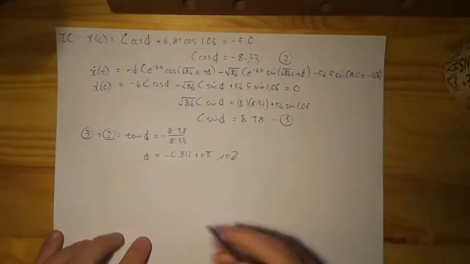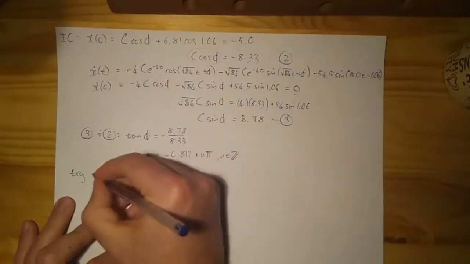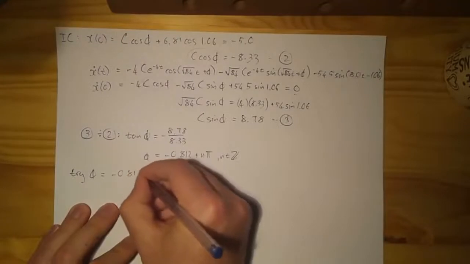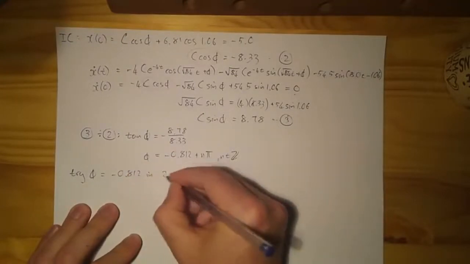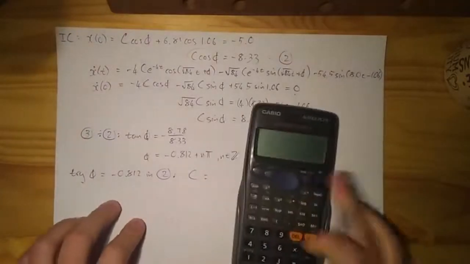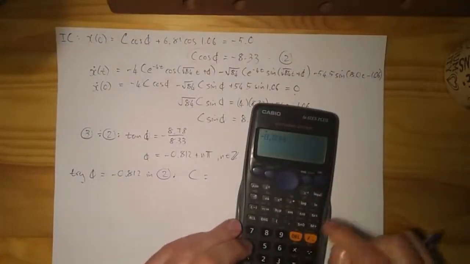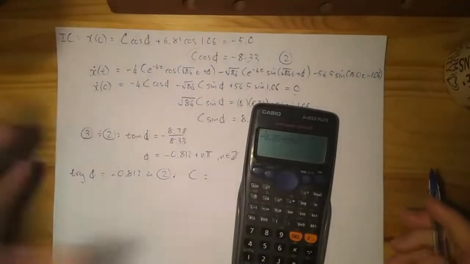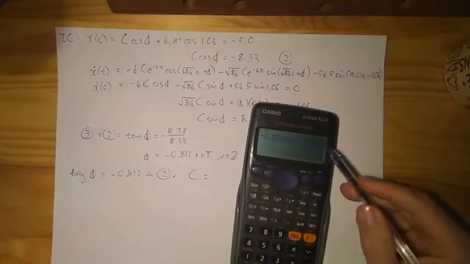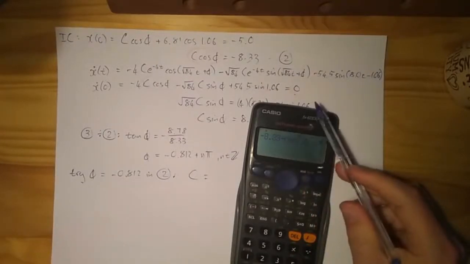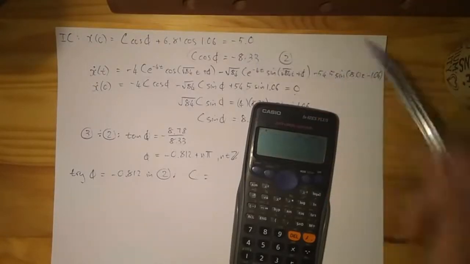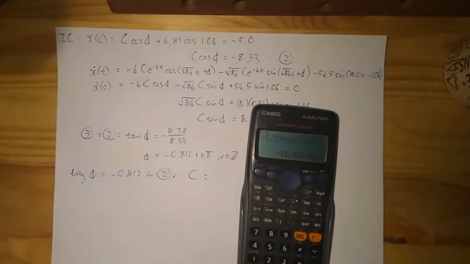So let's use 2, so let's try phi equal to minus 0.812, and then that means that c is equal to minus 8.33 divided by cosine of this 0.812. Minus, cosine of x is equal to cosine of minus x. Okay, are we okay with this? Is this correct? Cosine c, yes, okay. Oh, wait.